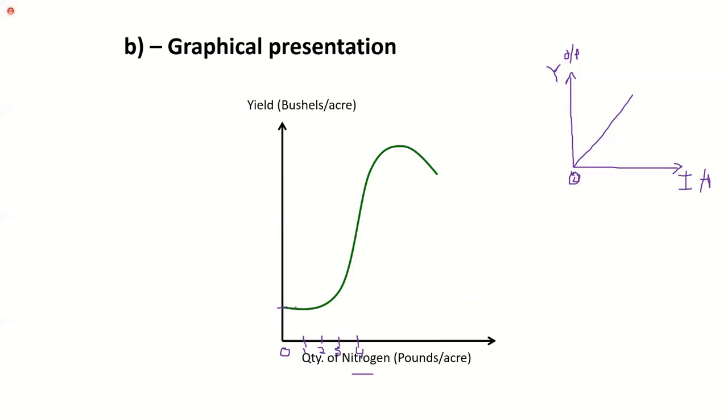And you will see that initially the crop yield increases at an increasing rate. And then it's still increasing, the yield is still going up.